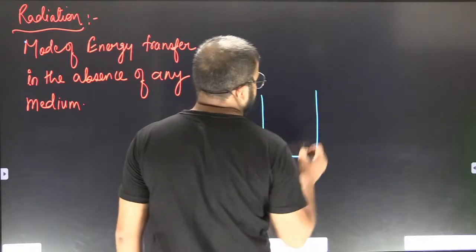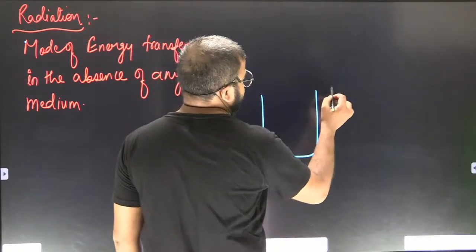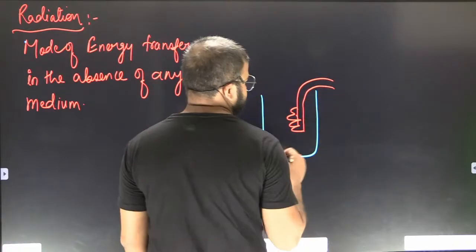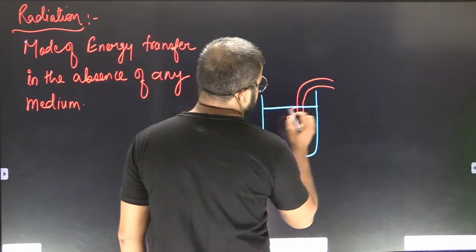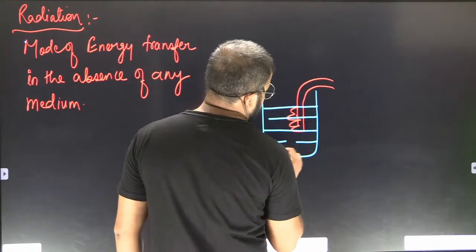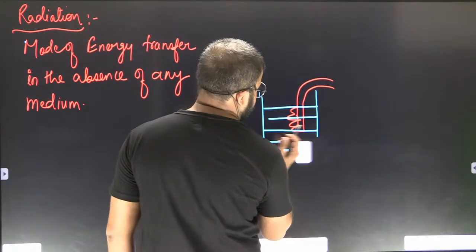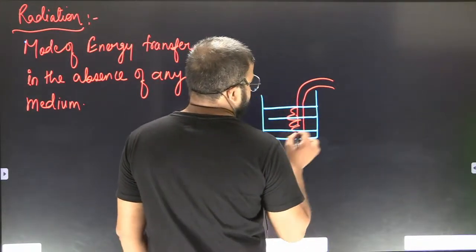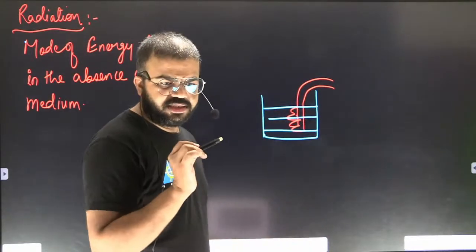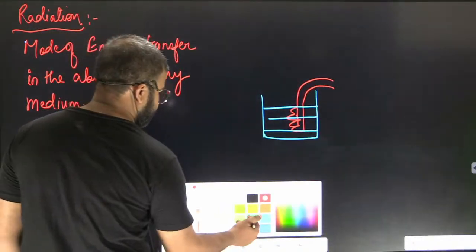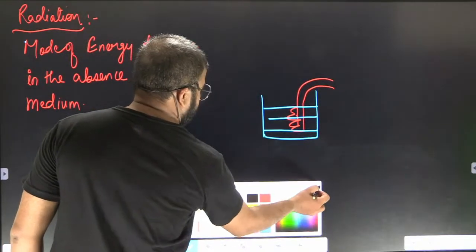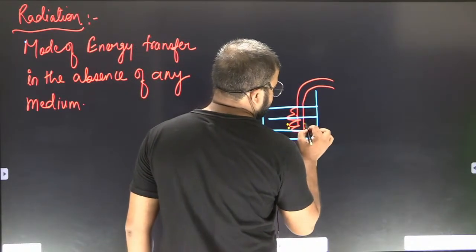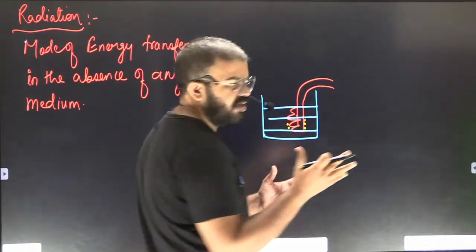In winters, what do we have? We have a bucket, and in that bucket we insert an electric rod, like this, and it is filled with water. You might have seen this happening in front of your eyes. What happens is the fluid particles around this become hot.